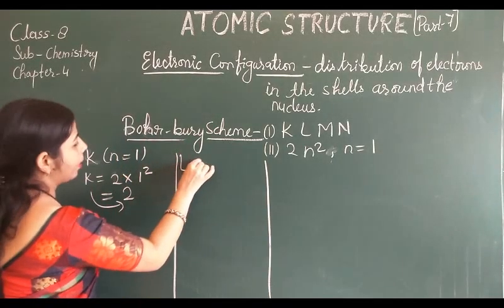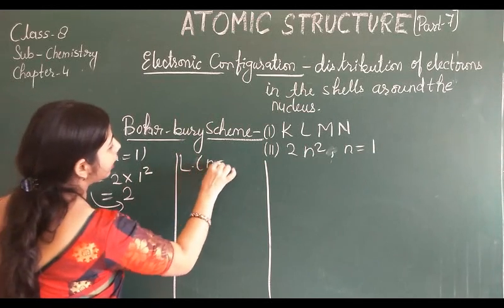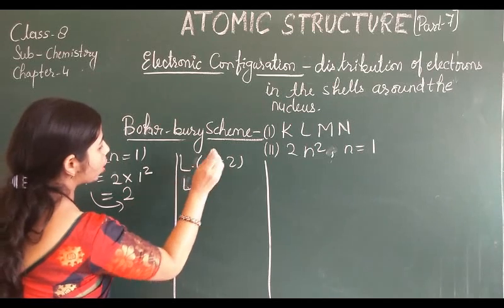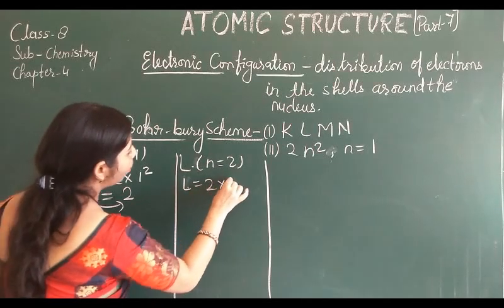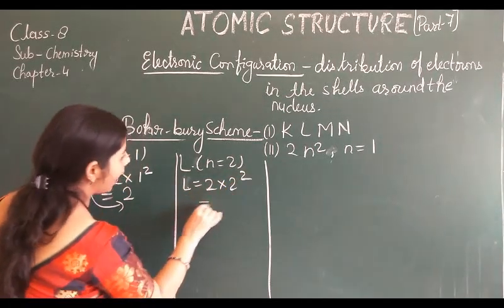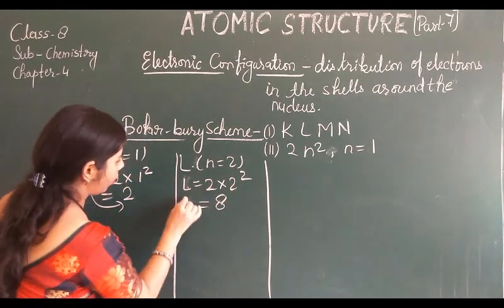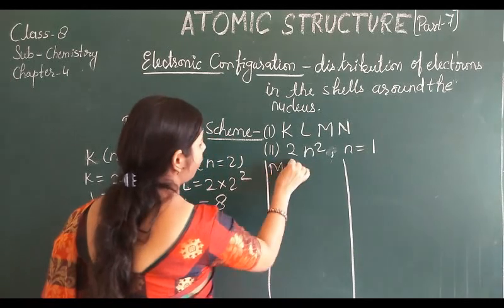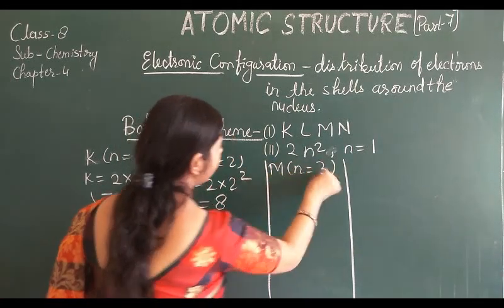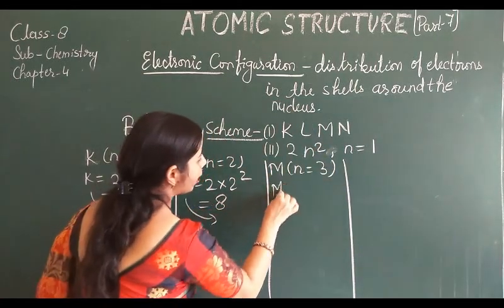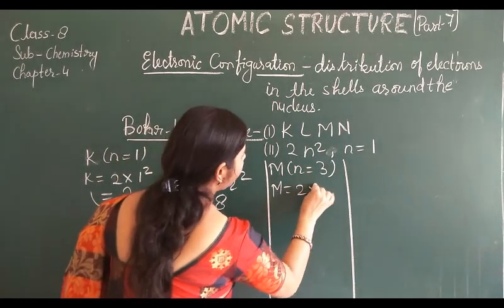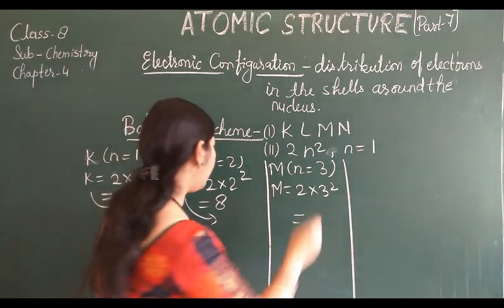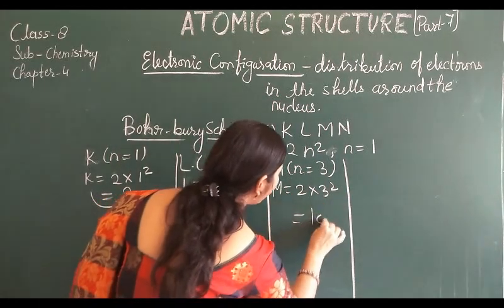Now L where n is equal to 2, so as per the formula 2n square, 2 into 2 square, that means 8 electrons. Now for M where n is equal to 3, so as per the 2n square rule, 2 into 3 square, that means 3 square is 9 and 9 into 2 is equal to 18.